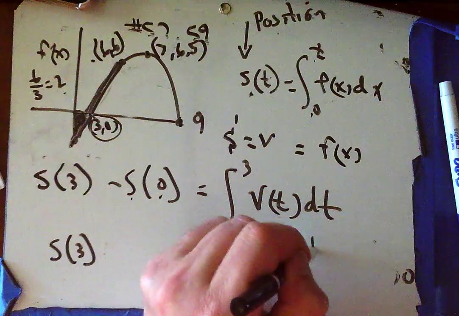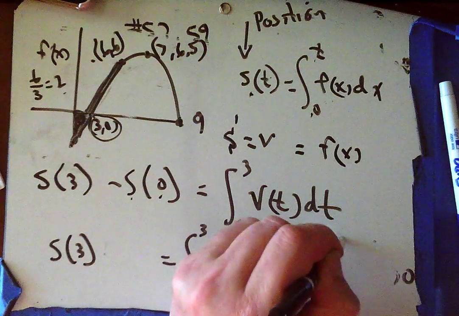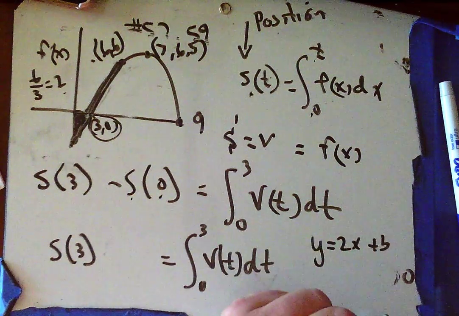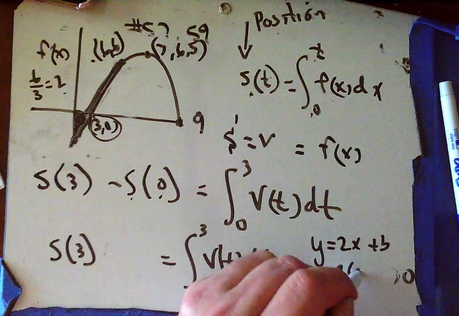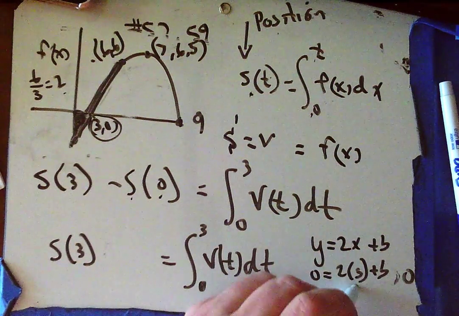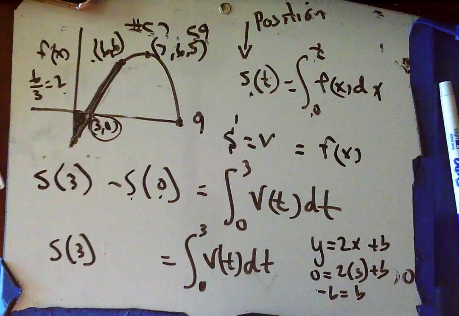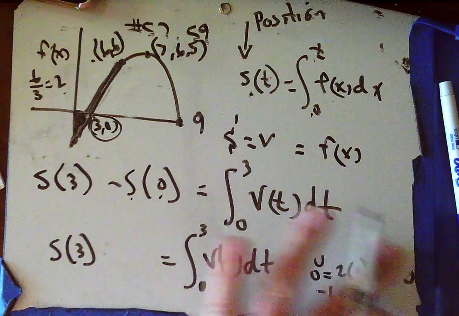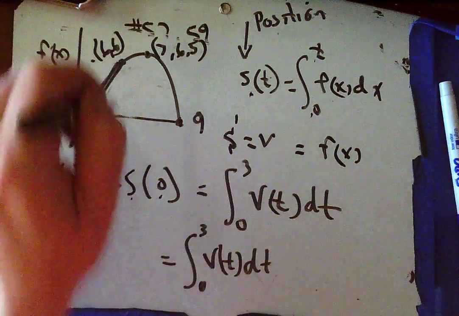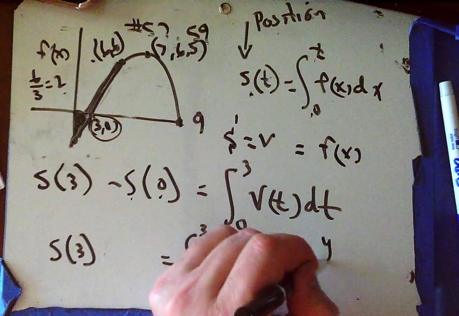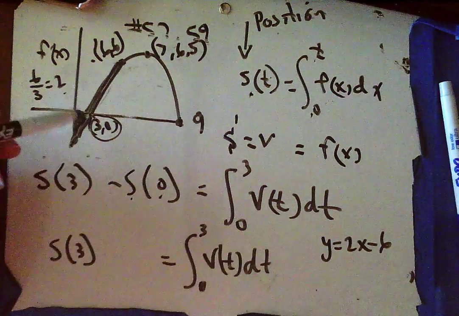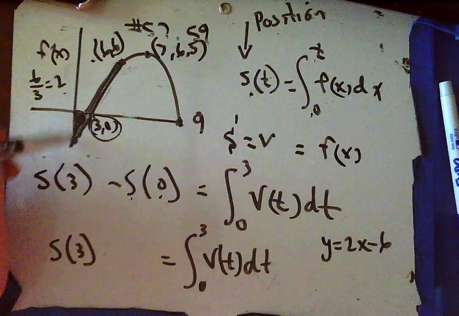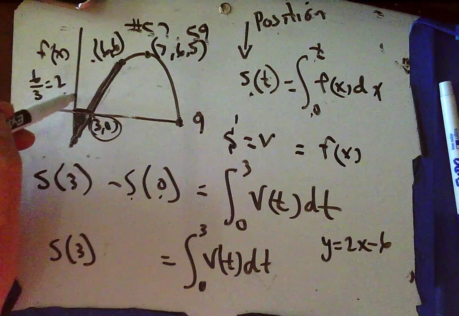Okay, so y equals 2x plus b, and we'll plug in that ordered pair. 0 equals 2 times 3 plus b. It looks like b is negative 6. So then my equation of this line segment becomes y equals 2x minus 6. Now, what I need in order to find the area here, I know this distance is 3.